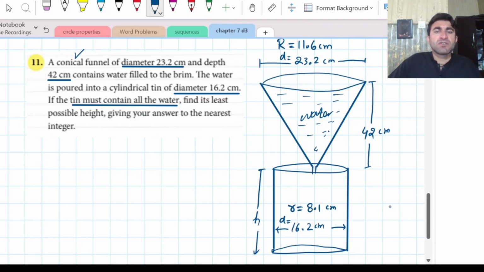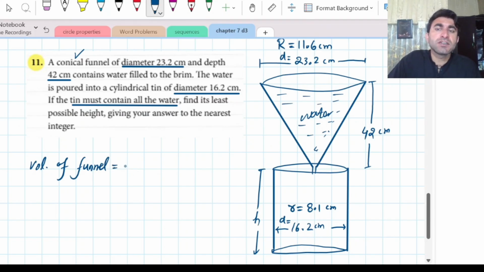And we have to find the value of height. It states that the tin must contain all the water, so the volume of the conical funnel must equal the volume of the cylindrical tin. That is how it will contain all the water from the funnel.